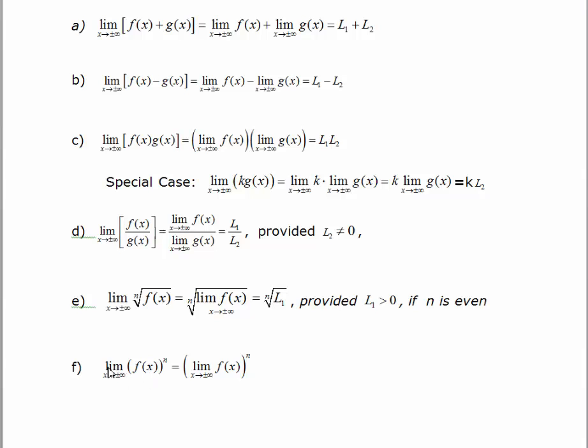Same thing with the limit of a function raised to a power. That's the same thing as the limit raised to a power. And again, as long as that limit is defined for n. So if that n was fractional and you were approaching negative infinity, that would not be defined. If it was an even root, you cannot take the even root of a negative number.